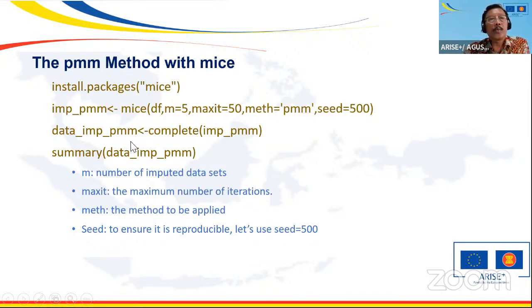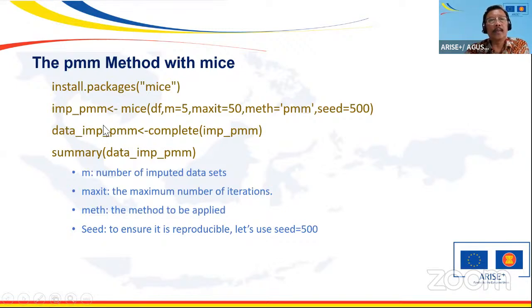So if you run this only to here, of course you get the imputation, yeah, but you don't see the figures. You have to put the results in the data frame here.